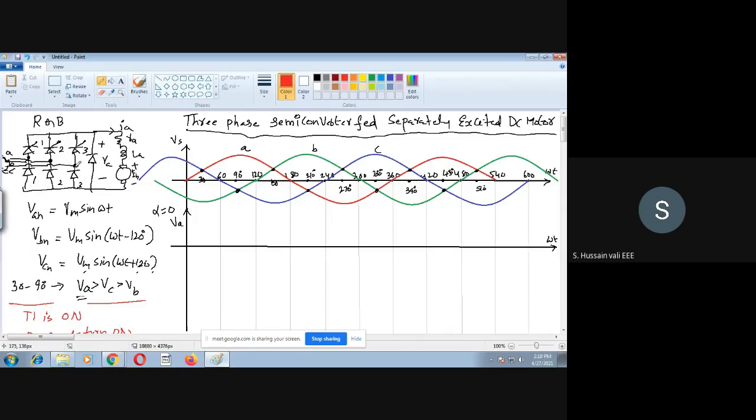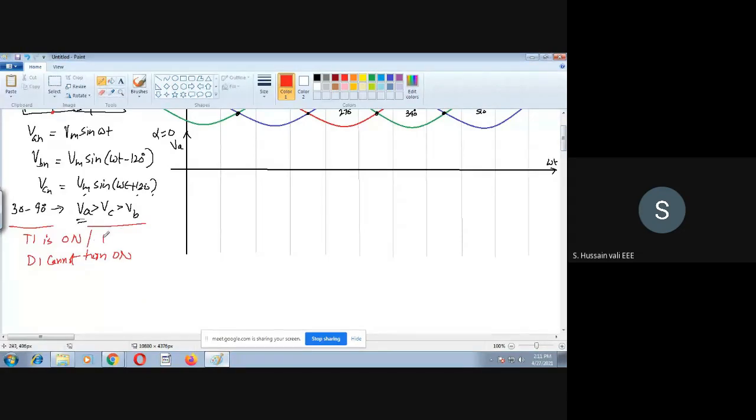If D3 is on, the cathode voltage of D3 is C, so the anode is also C. Then the anode of D2 is also C. Since the anode of D2 is C whereas the cathode is B, and you have seen that VC is greater than VB, D2 will also be turned on. So you will face a problem, and our assumption that diode D3 is on is wrong. The only option left is that diode D2 will be on. So this is a trial and error method. D2 is on.